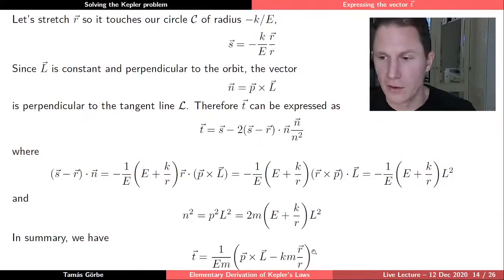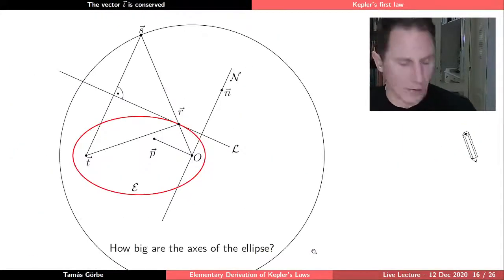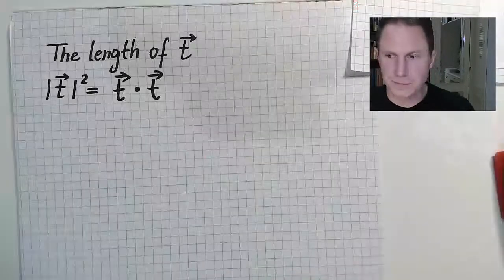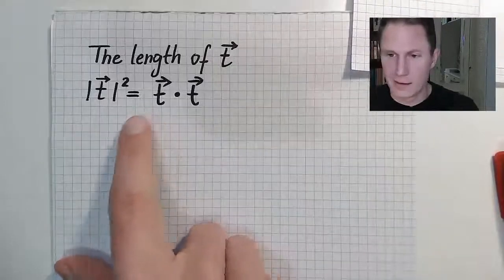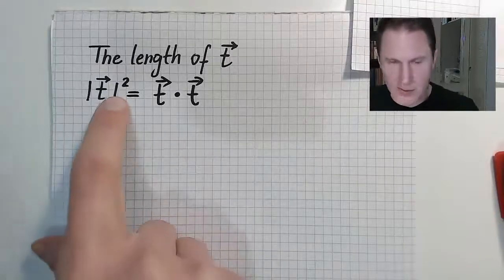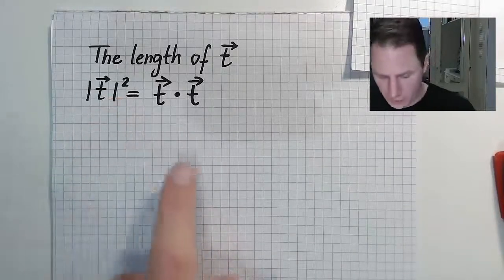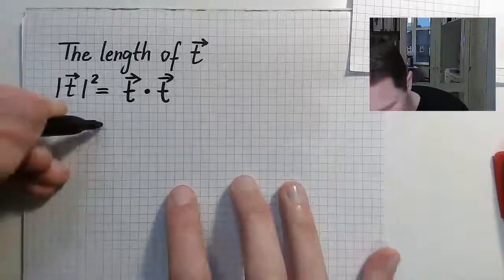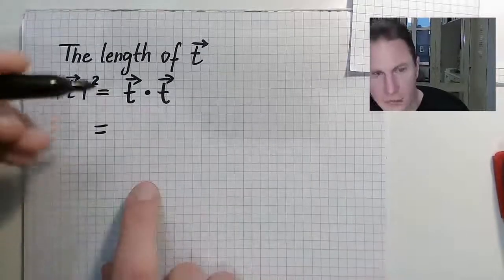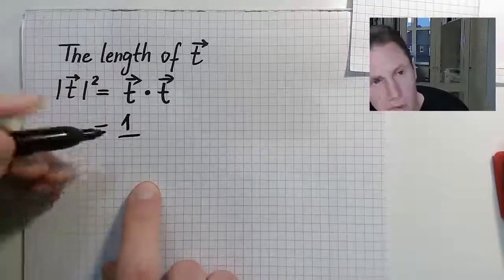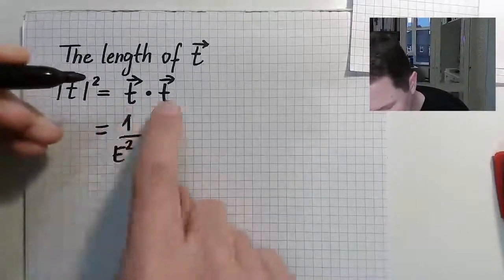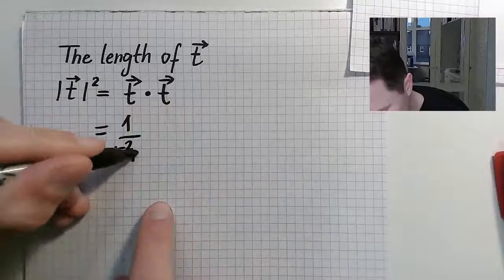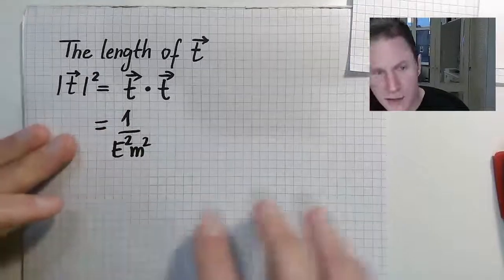So if I want to find the length of t squared, I will have to multiply this vector by itself, which is 1 over e, well, we have 1 over e times m in both of these factors, so 1 over e squared times m squared.